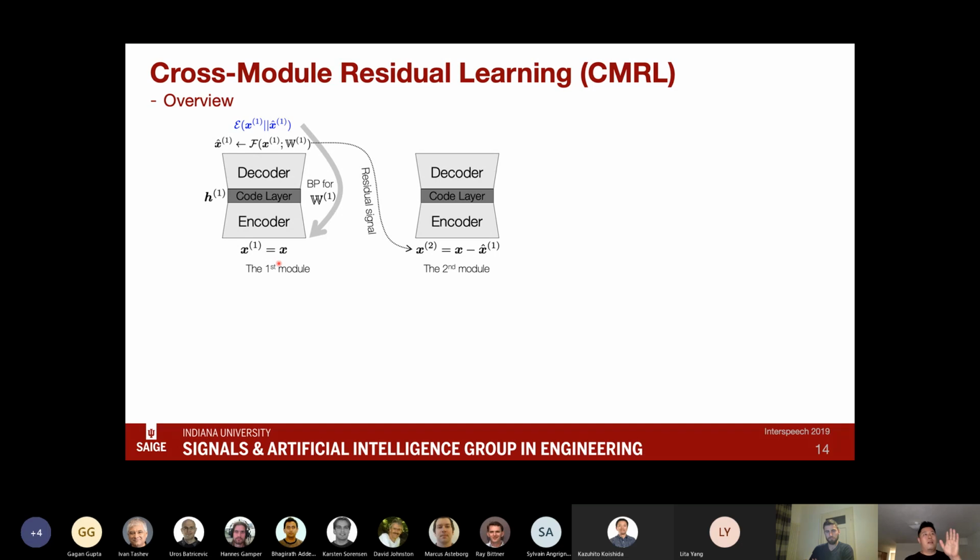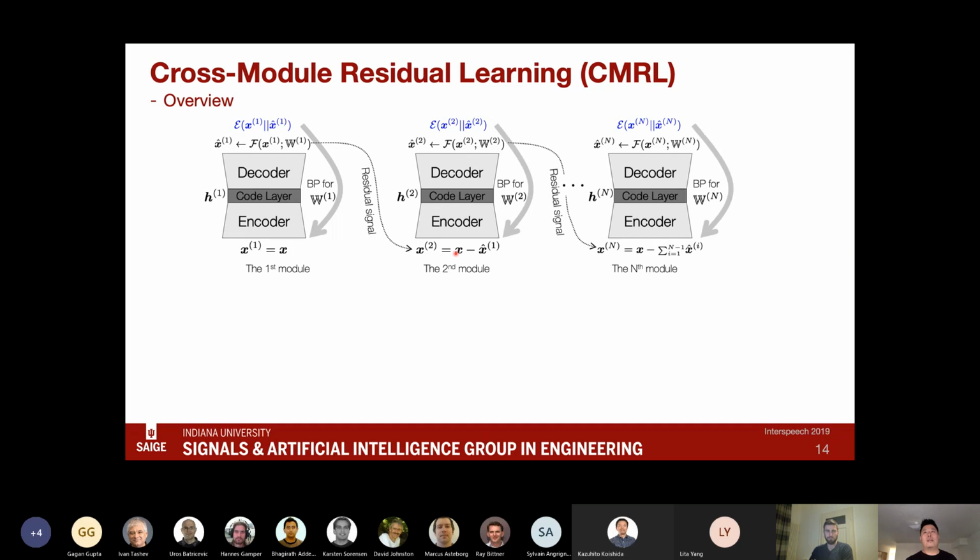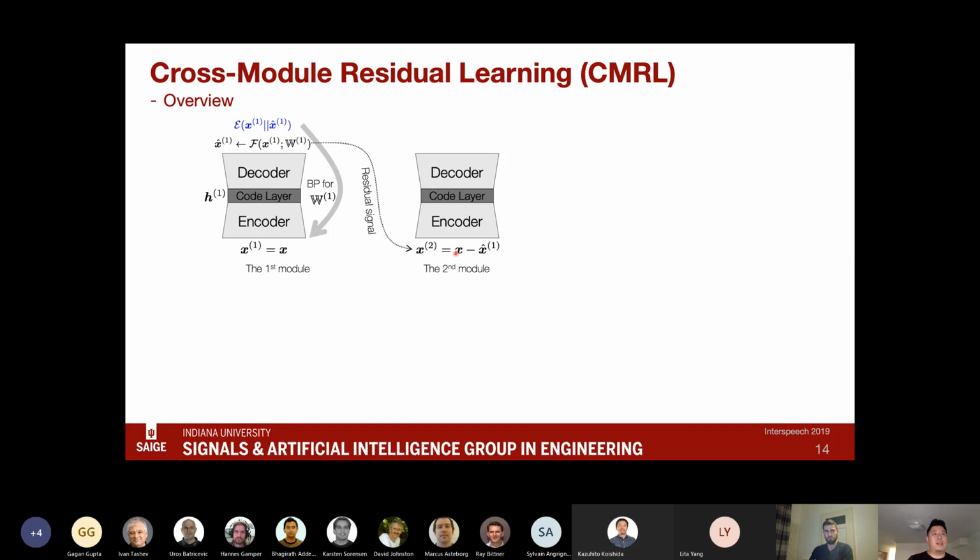The residual means what is not reconstructed from the first autoencoder. So the input of the first autoencoder is X, and the prediction is X hat. The input of the second one is this, which is the residual part. We could stack even more, and so on and so forth. Let me do this one more time.